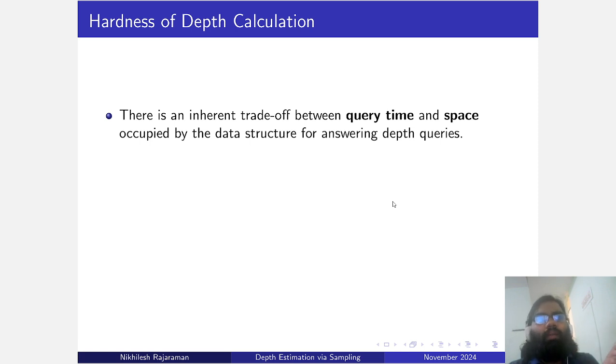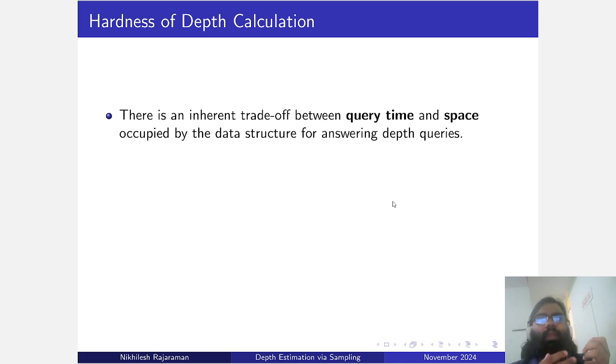But on the other hand, what we can do is we can pay a small overhead in space by something like a polylog n factor, and we can construct this range tree data structure. And this range tree data structure can answer any rectangular range counting queries in order log n time. So in that sense, this is a pretty good trade-off.